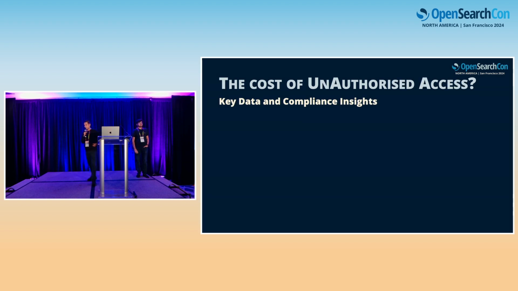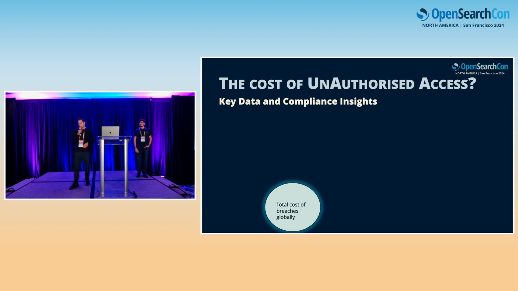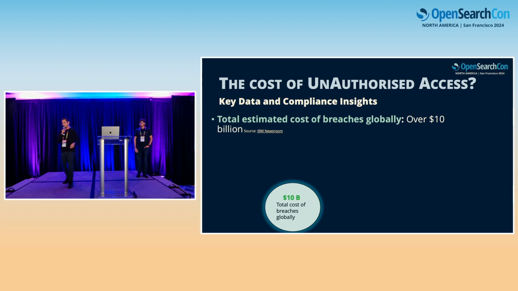Okay. So what is the cost if I don't implement authorization, and what is the total cost of unauthorized access? Can anyone guess the total cost of breaches globally in the last year? Was it millions or billions? Some rough numbers: 1 billion. I think you are close, but not so close. It was 10 billion. The total estimated cost of breaches globally last year was almost 10 billion.